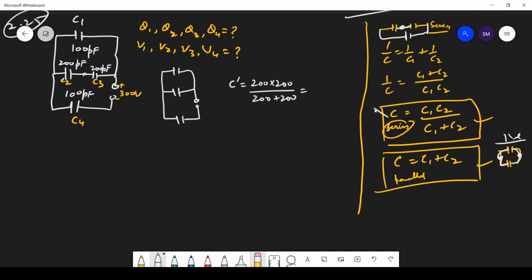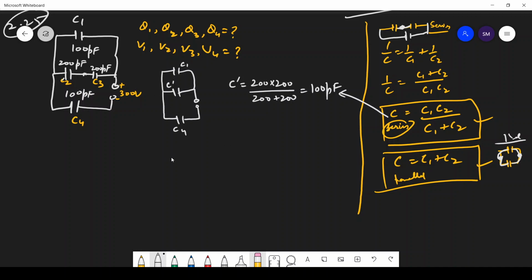So this is the formula you have used here, and this comes out to be 400, so 4 will cancel out and 2 zeros, so I am left with 100 picofarad. So this is C dash now, this is C1 and this is C4, right? So this is the equivalent circuit of this one.